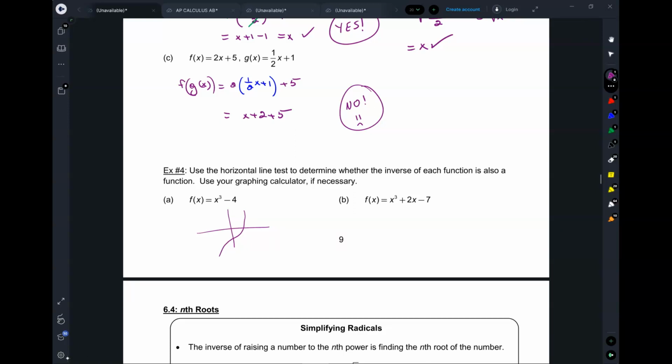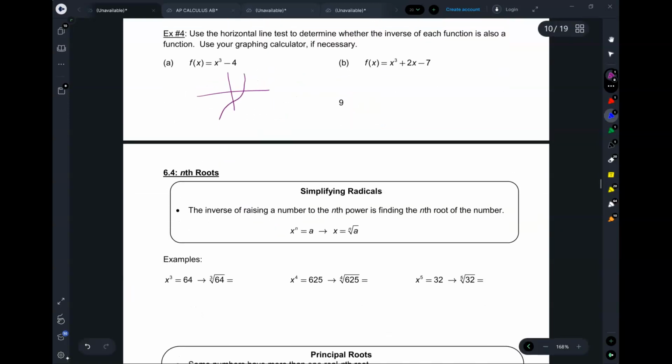Yes, because each horizontal line will only pass the graph one time. The terminology: you can either say its inverse is also a function, or in short, this has an inverse function. Both are used.